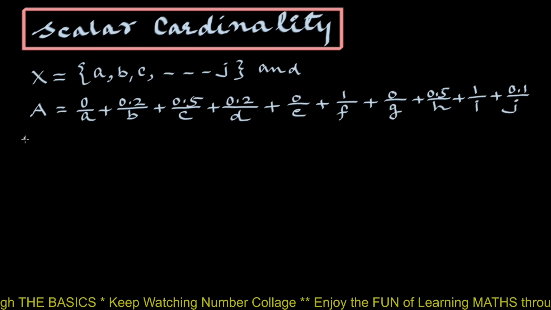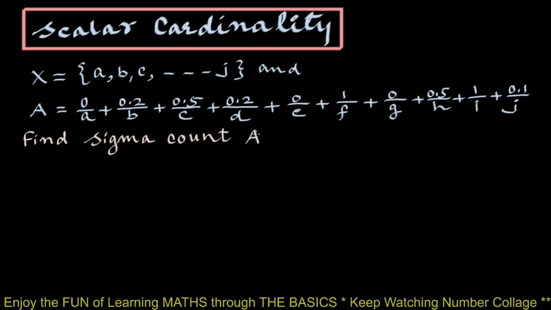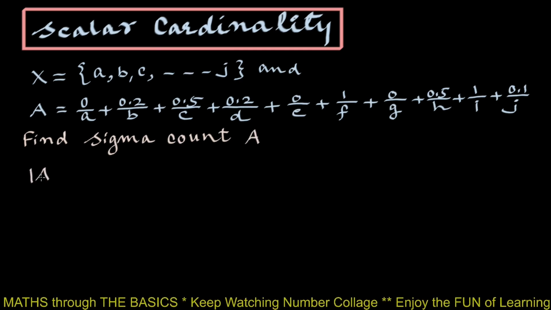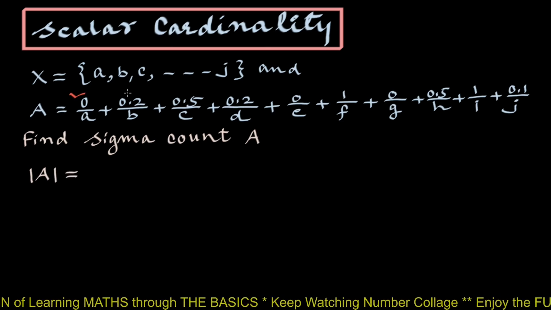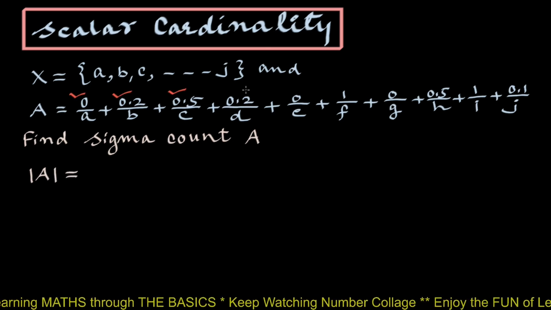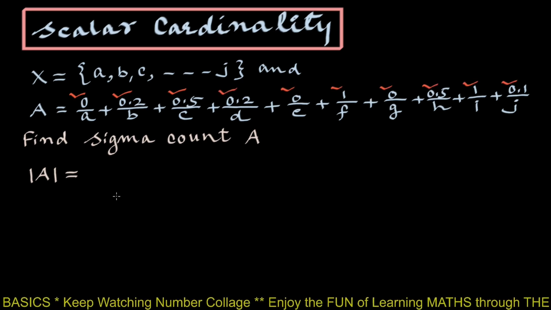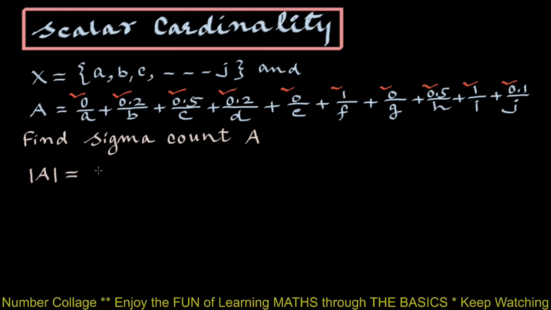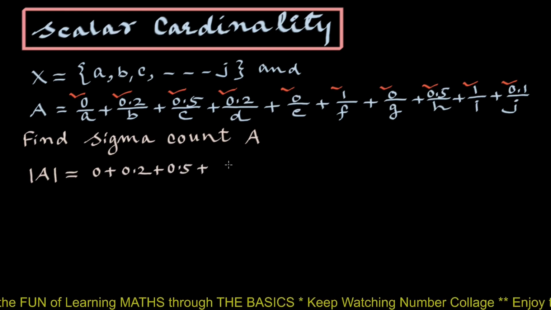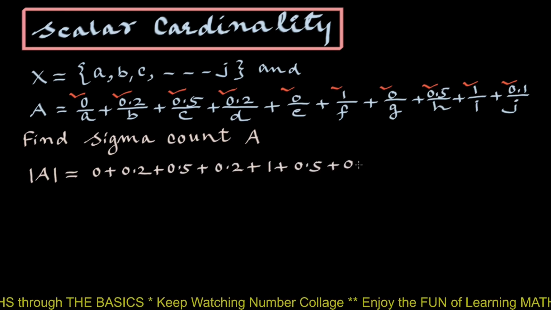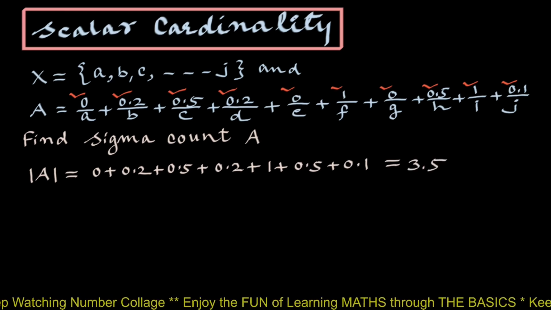We have to find sigma count or scalar cardinality of fuzzy set A. Scalar cardinality or modulus A will be the sum of all the grade values 0, 0.2, 0.5 etc. of the corresponding members of universal set X. So that will be 0 plus 0.2 plus 0.5 plus etc. plus 0.1. This sum is 3.5, which is the scalar cardinality of A.